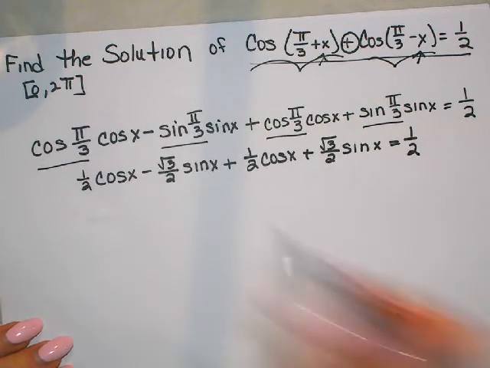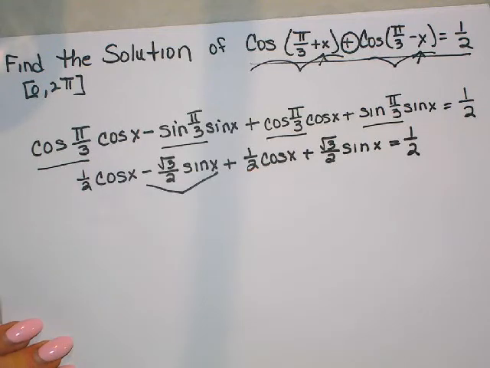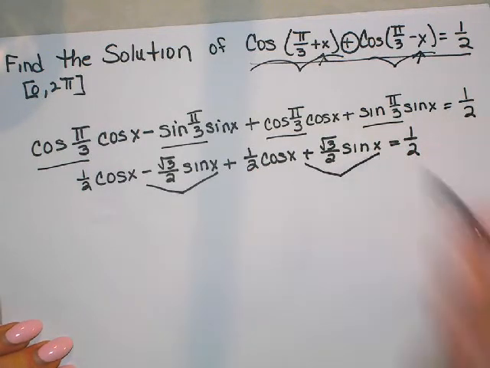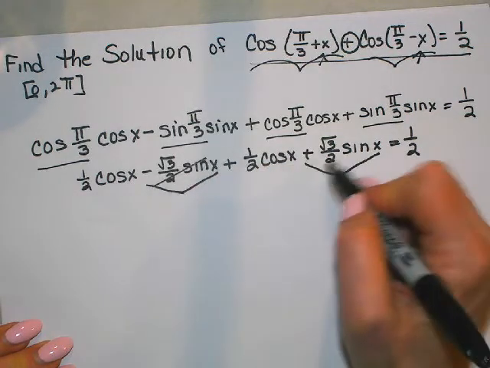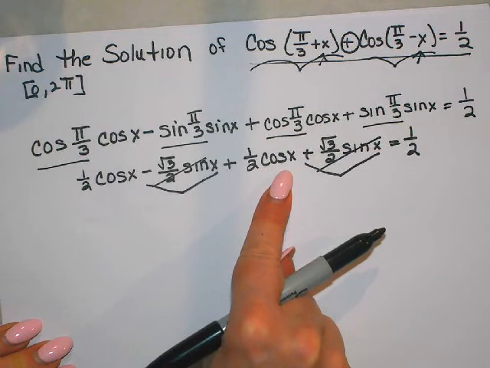Now I'm going to combine like terms. I have a negative radical 3 over 2 sine x and a positive radical 3 over 2 sine x. They cancel out. I have 1/2 cosine x plus another half cosine x.